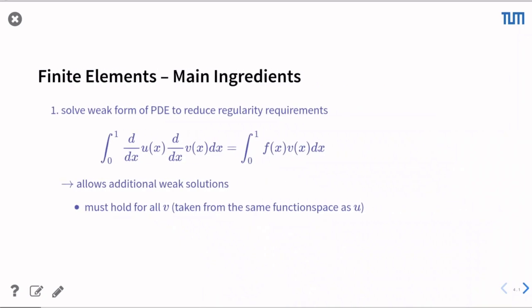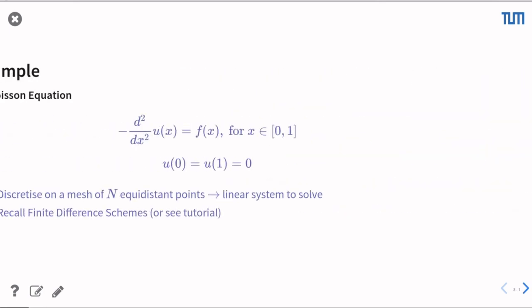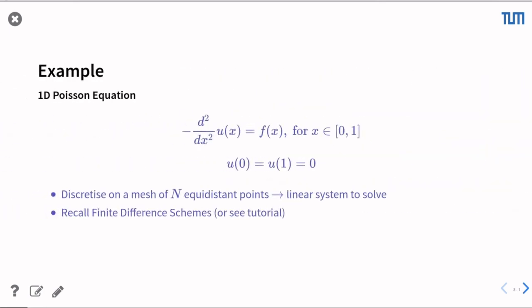So finite elements rely on a weak form of the partial differential equation. I'll show you in a second on the whiteboard how you actually derive this weak form, but for now the point of doing this is that it allows for weak solutions, so you can reduce the regularity assumptions. On the previous slide we saw a double derivative and u needed to be continuously differentiable 2 times.